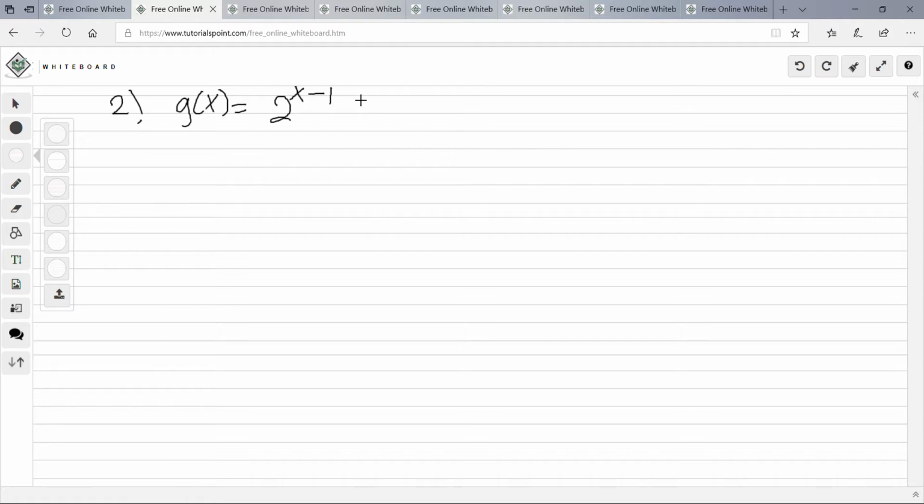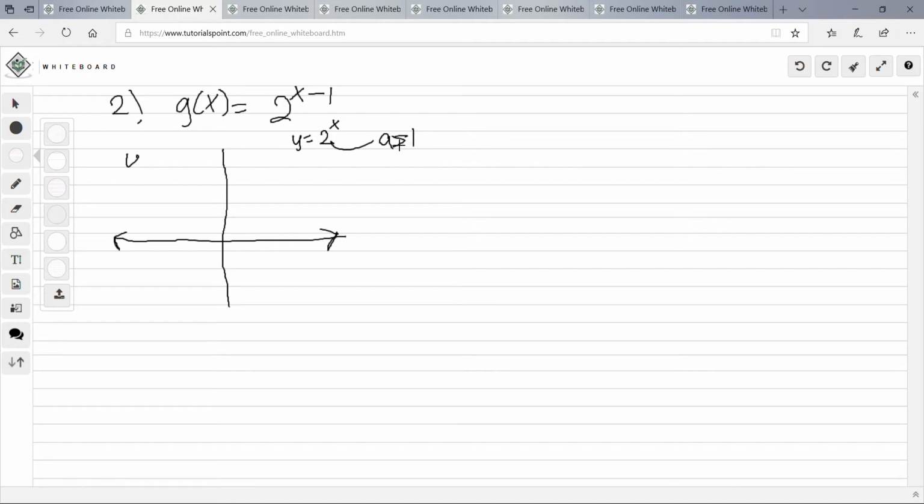But don't worry, we'll just break it down into 2 graphs. So let's graph y equals 2^x, right? g of x is the same thing as y. Let's graph this one. Okay, so we know that a is greater than 1.